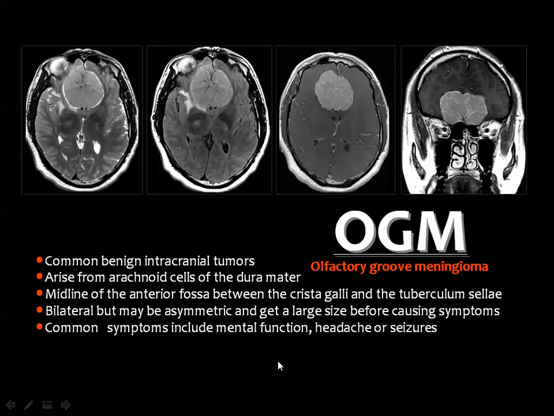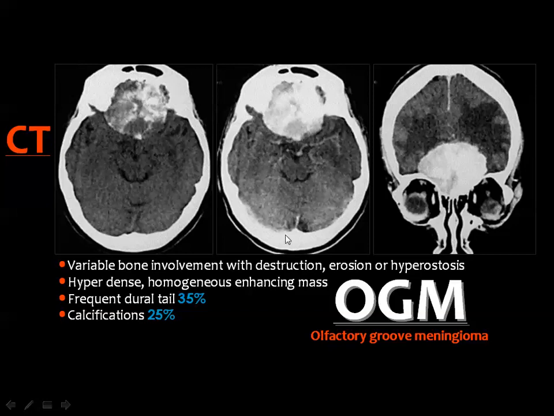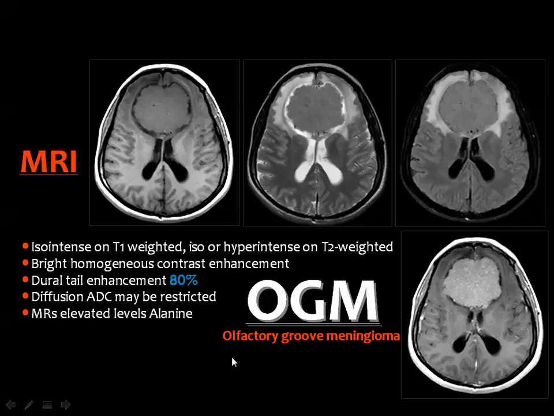Then this lesion may show matrix calcification and may also lead to reactionary bone sclerosis of the related skull base bones, and may also show dural enhancement, which is known as the dural tail.